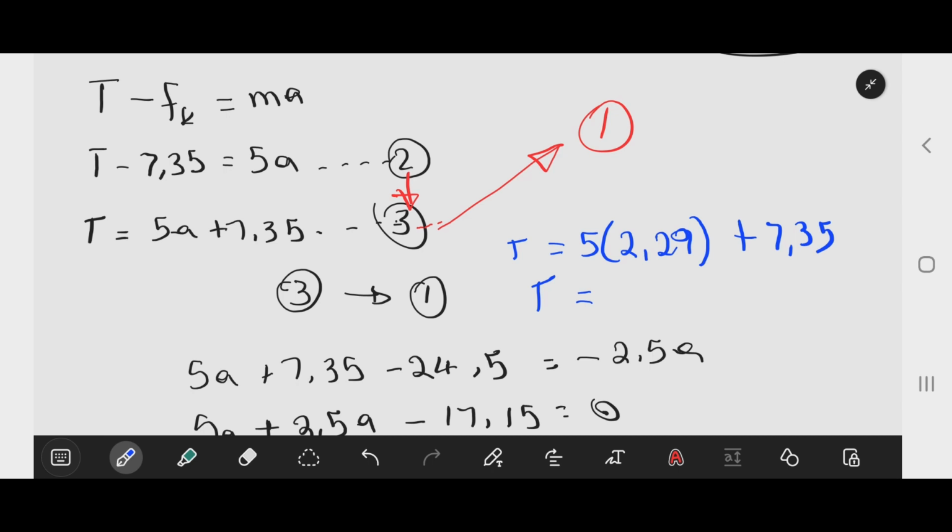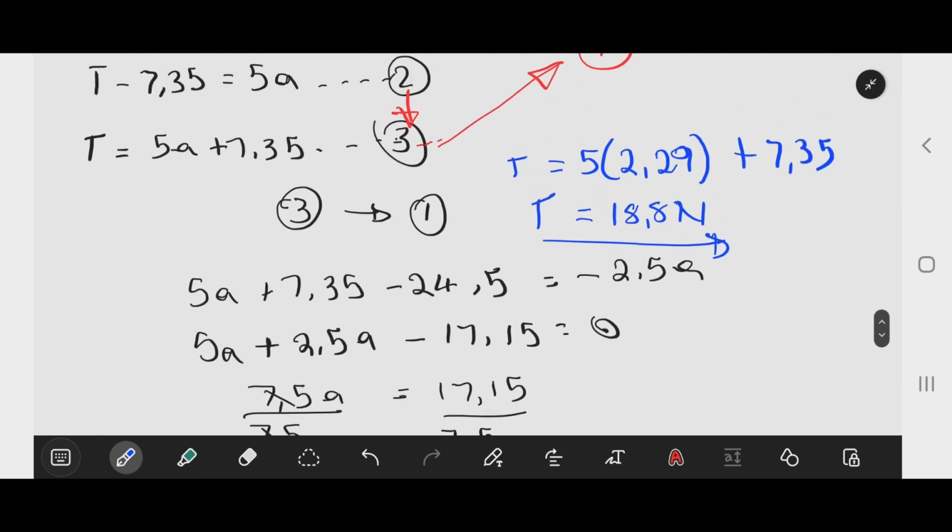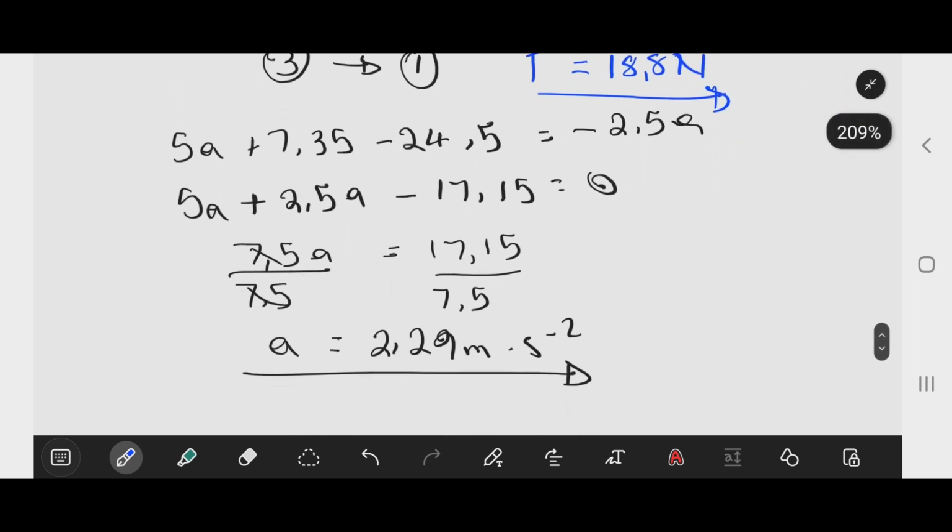The answer that I'm getting is 18.8. So I now have my tension. As you can see, the tension has changed. It is no longer 24.5, but it is now 18.8. Okay, so we are done with our analysis for this question.